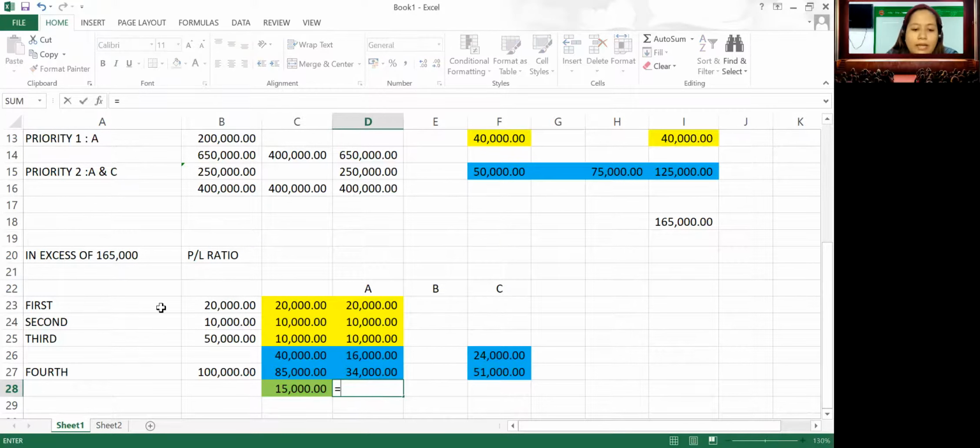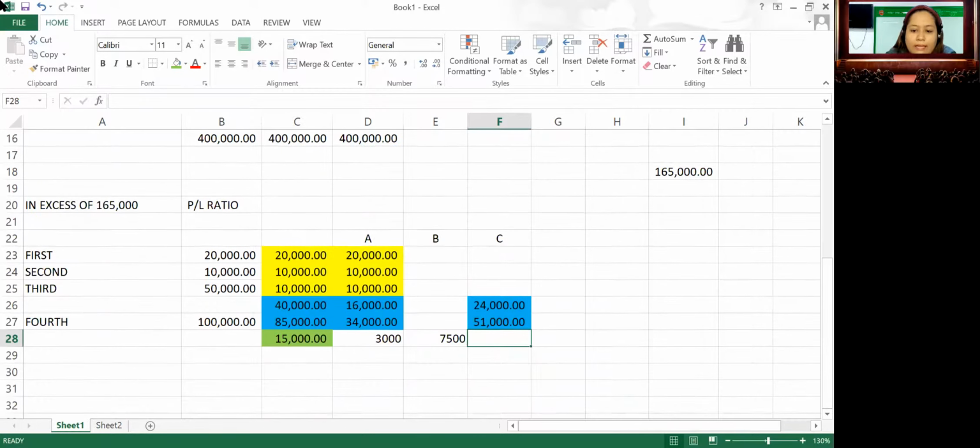So, ibig pong sabihin, yung 20% ng 15,000, ibigay natin kay A. Okay? Yung 50% ng 15,000, ibigay natin kay B. At yung 30%, tama ba? 30%, ibigay natin kay C.